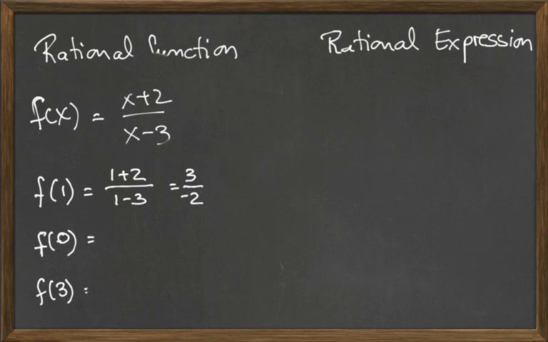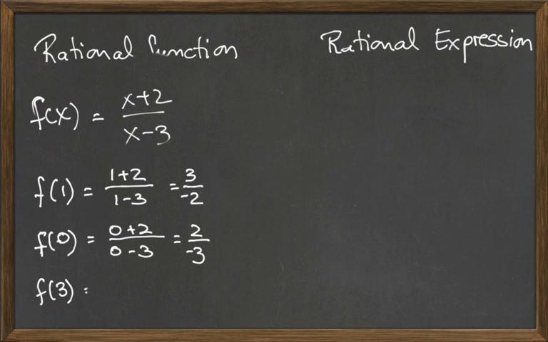What is f of 0? You go back to the original function and you replace your x with 0. 0 plus 2 over 0 minus 3 is negative 2/3, or 2 over negative 3.